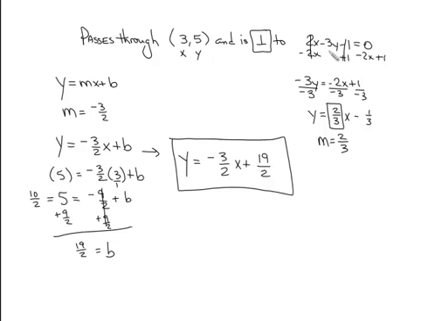Now, the other way to go about doing this, once we find the slope and we have our point, 3, 5, we can actually use point-slope form. So let me show you how to finish this out with point-slope form. So let me grab this.